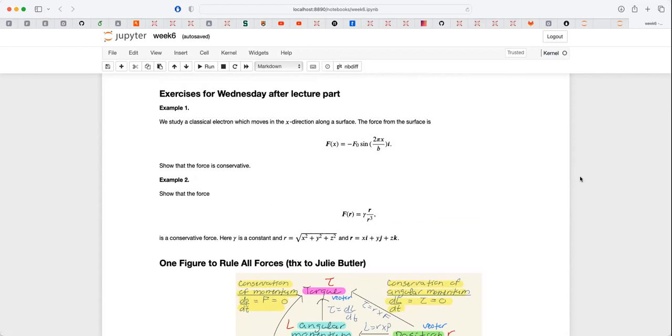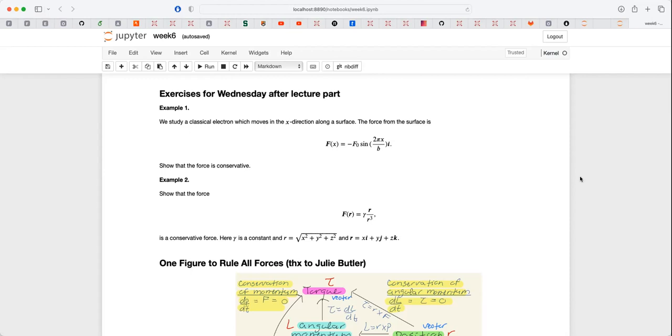The first one may be almost an offense to you guys, because it's pretty straightforward, whereas the second one needs some more attention, because it has X, Y, and Z in the denominator and in the numerator. And this is the kind of expression which we will deal with when we look at the gravitational force. So what you see there is nothing but another way of writing the gravitational force without us specifying the constant gamma.